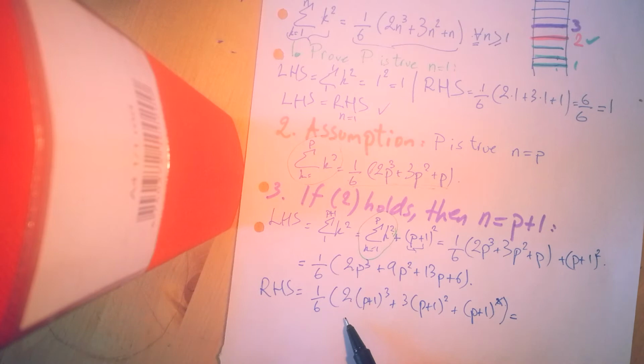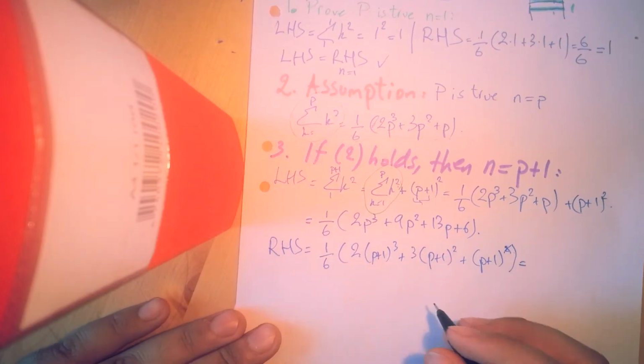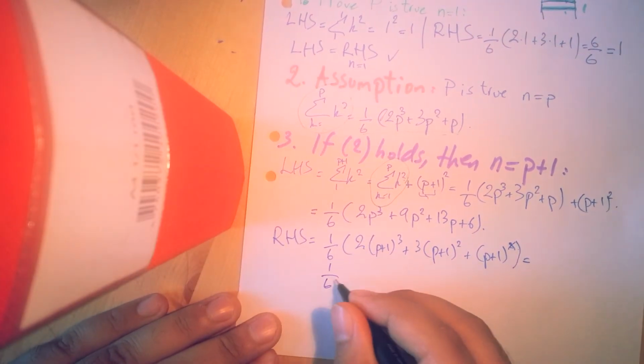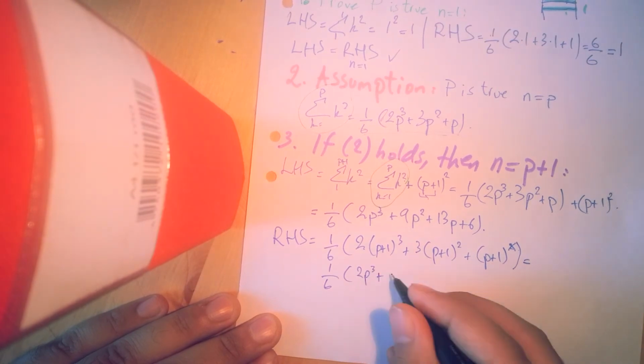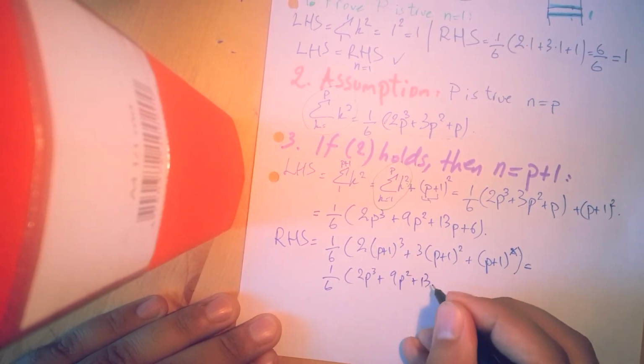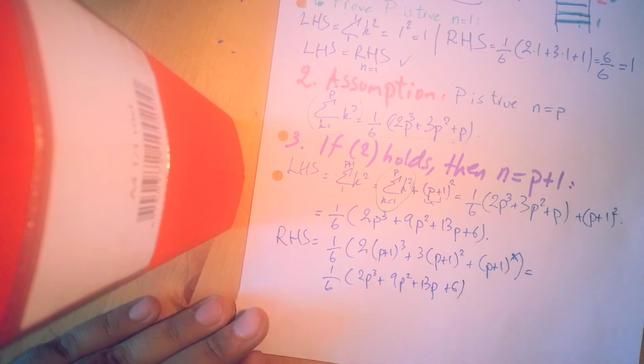That's it. And then again, I encourage you to calculate this on your own, and I'm just going to give the answer here. So you can pause the video now. And the answer is, well, it's going to be 1 over 6 2p3 plus 9p squared plus 13p plus 6.